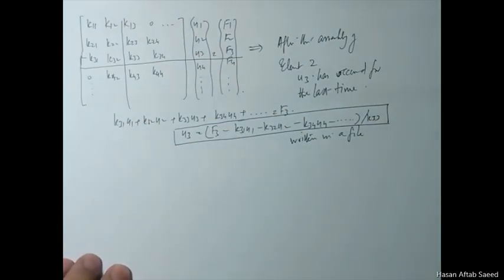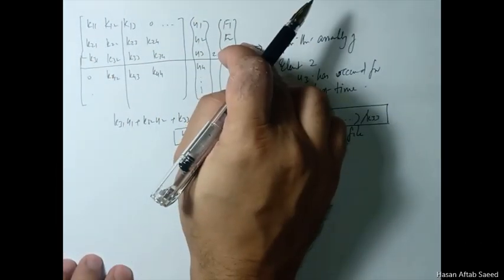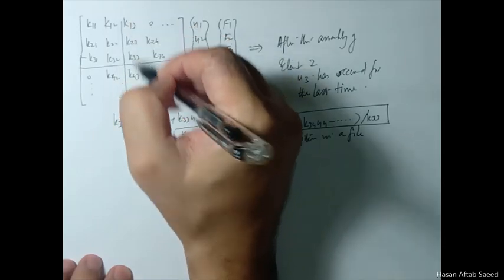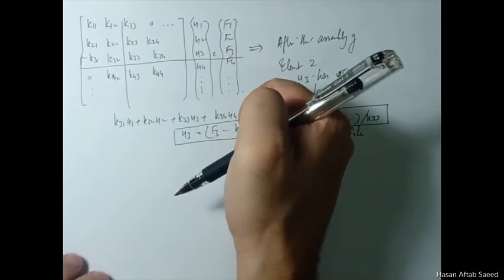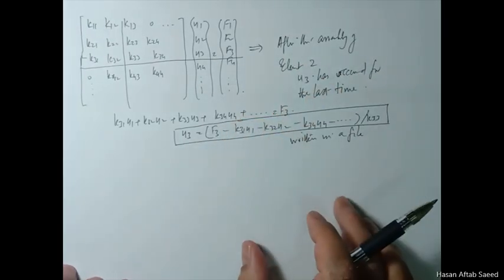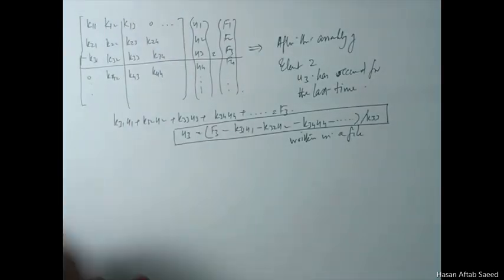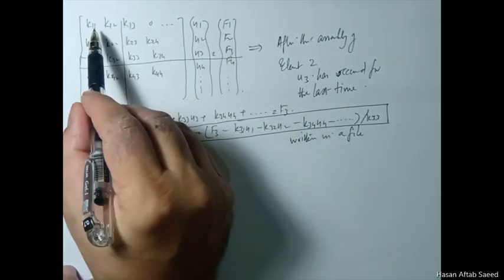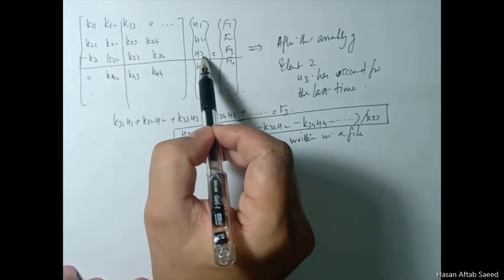You cannot just ignore these values, and if you remove u3, this means that these will also be removed, because they are being multiplied by u3, which you are going to remove. You cannot just ignore these values, because actually the first equation reads like this: k11u1 plus k12u2 plus k13u3 etc.